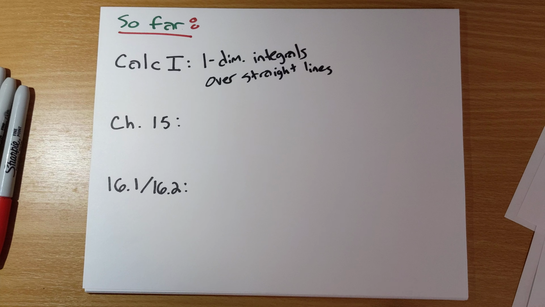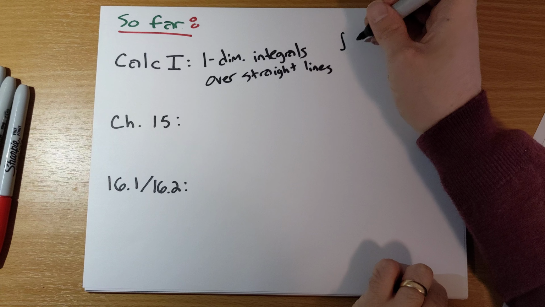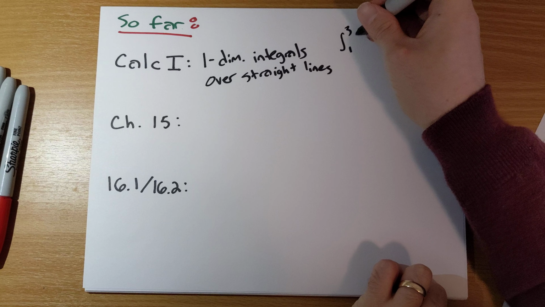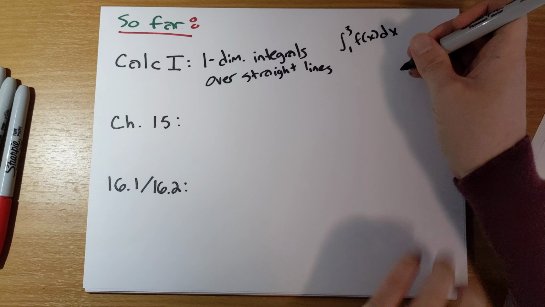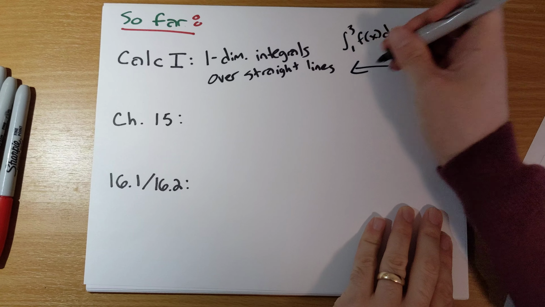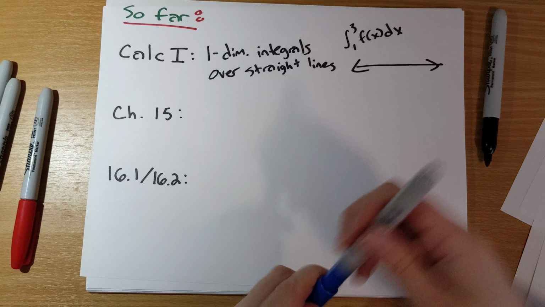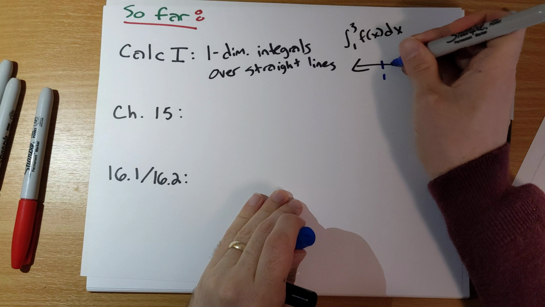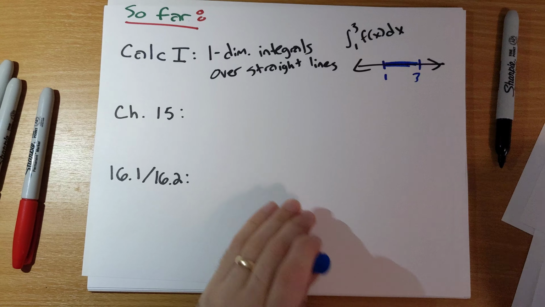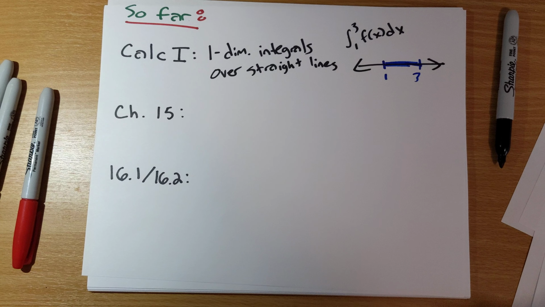So the idea here is that I give you the integral from 1 to 3 of f of x dx. Here is a number line. We're integrating between 1 and 3. This is the region that we're integrating along.